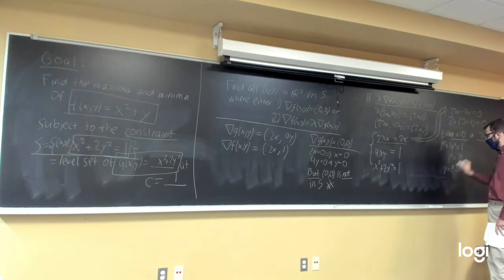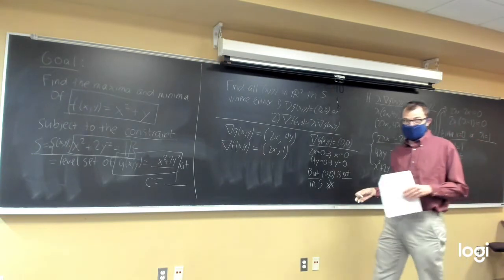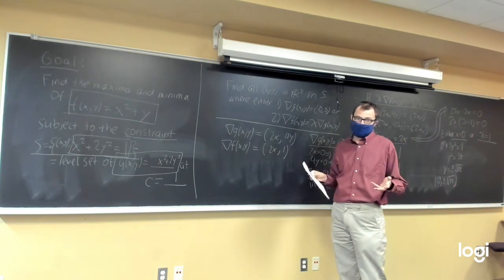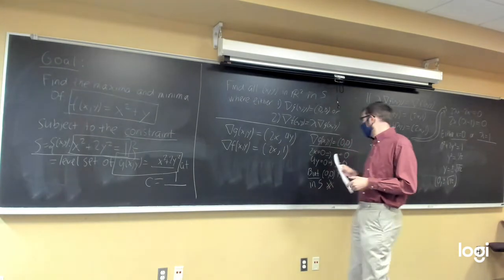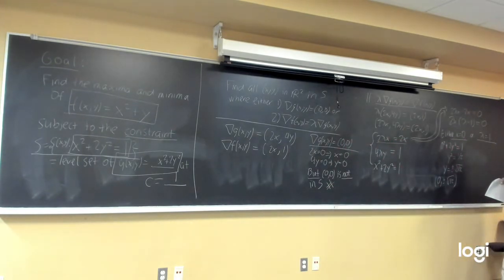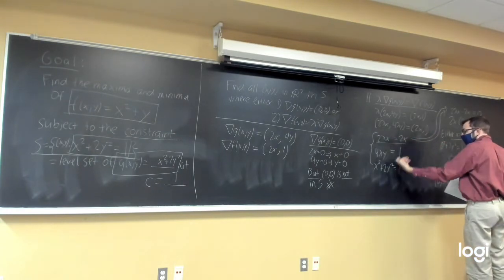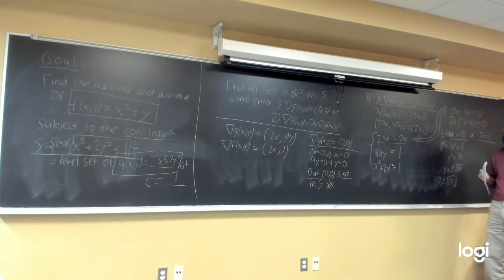So if x equals 0 and y is equal to plus or minus the square root of 1/2, these are going to be potential points for where we could have an absolute max or an absolute min. Because then the top equation is satisfied, 0 equals 0. The bottom equation is satisfied. In the middle equation, we can find some value of lambda that will make that work.